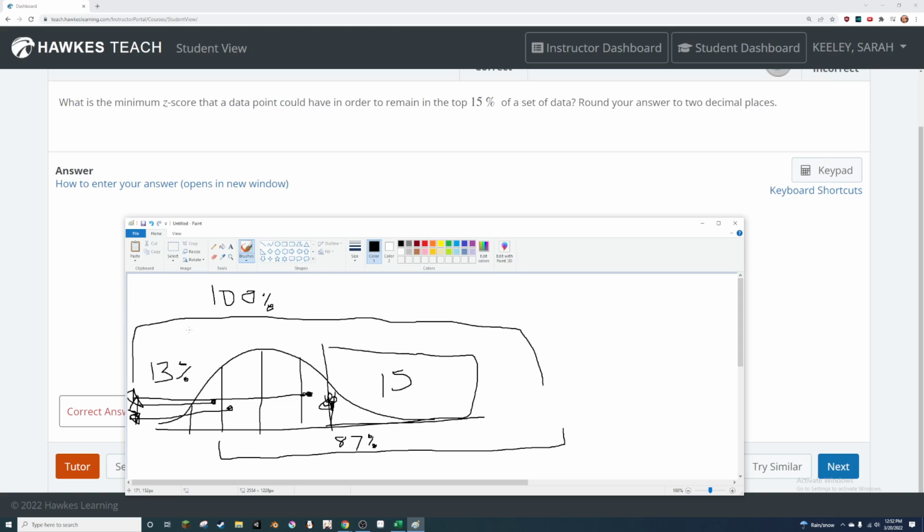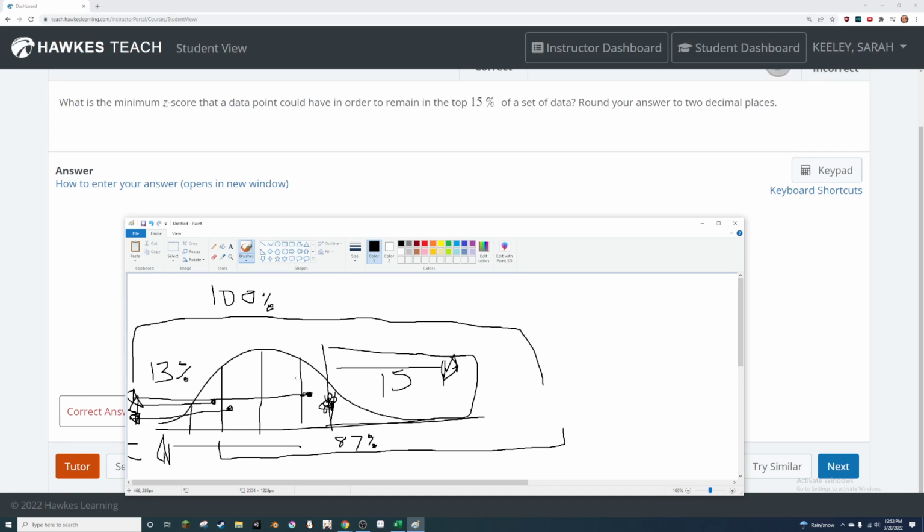And if you remember, the INV stuff, and DIST and the NORM.S stuff calculates to the left. So instead of 15%, we want it to be 100 minus 15 because we want to find this place, right?